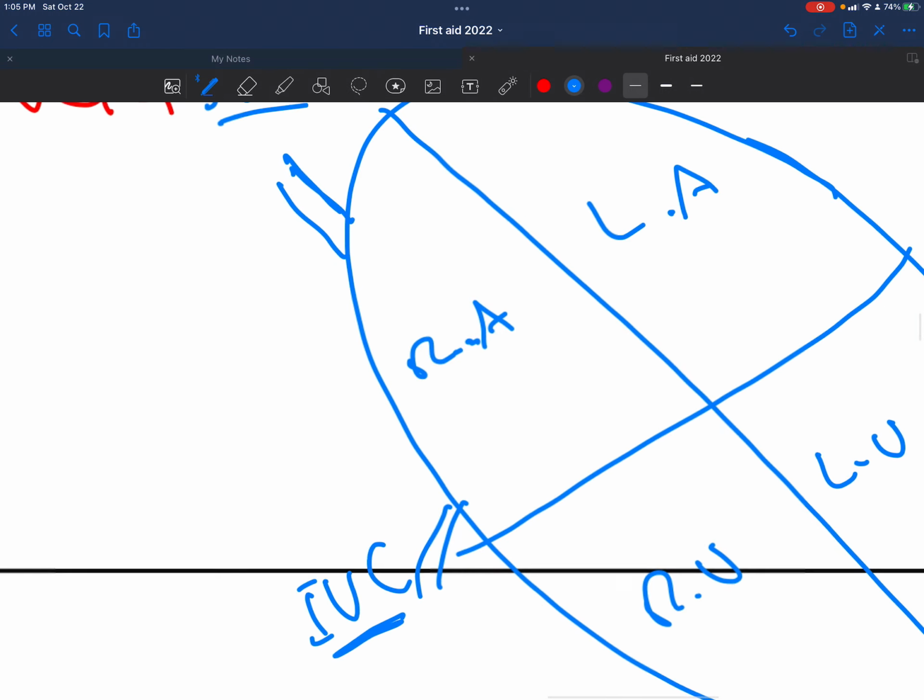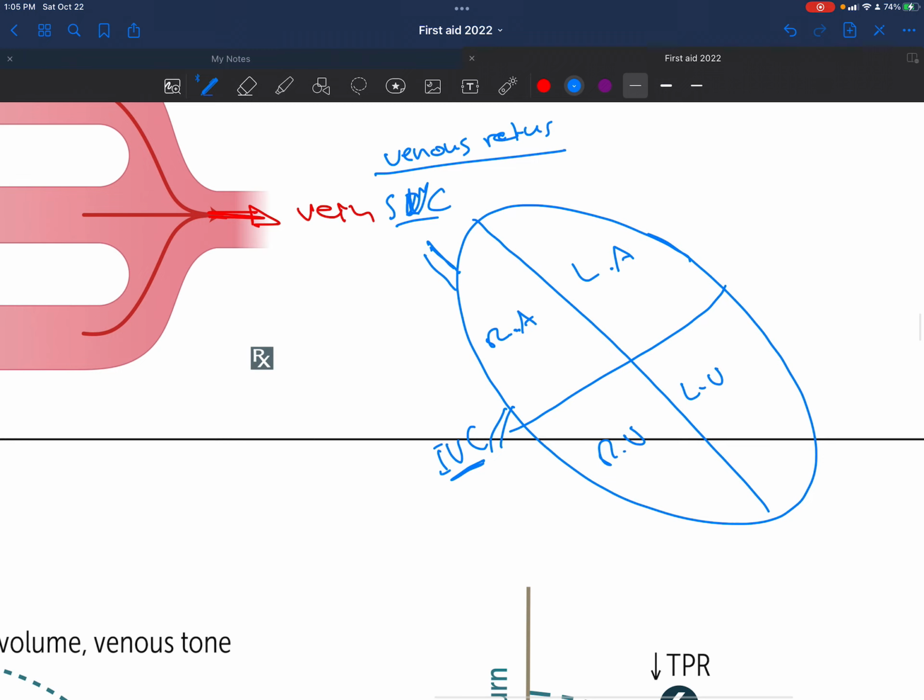So what we have here is the right atrial pressure. The right atrial pressure kind of equals the venous return. So now the venous return is going into the right atrium, and the pressure within it and the blood within it is going, by time, to move forward to the right ventricle, right? So it's going to fill the right ventricle. So when does that happen?